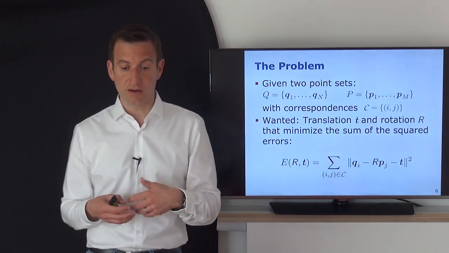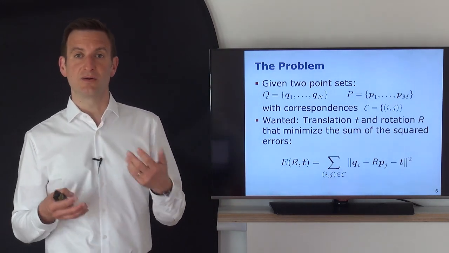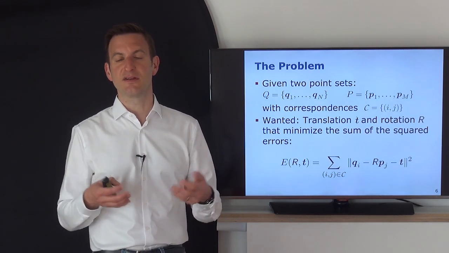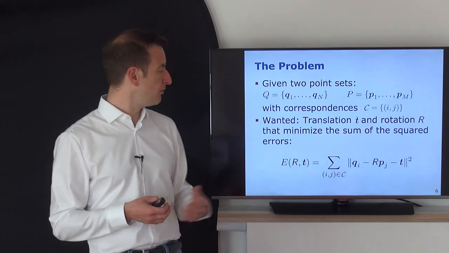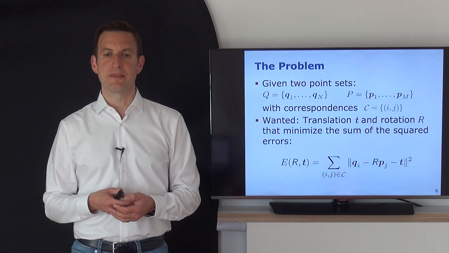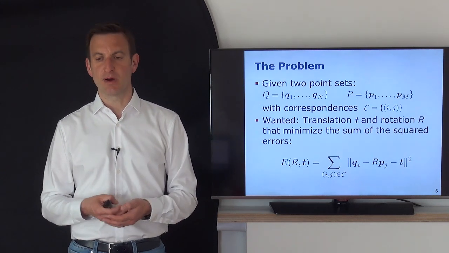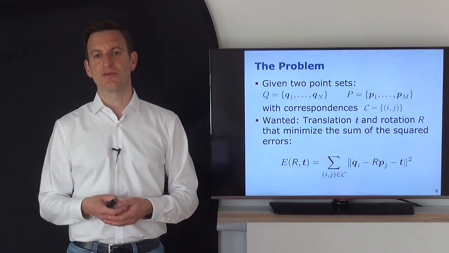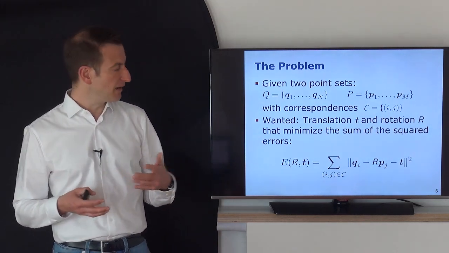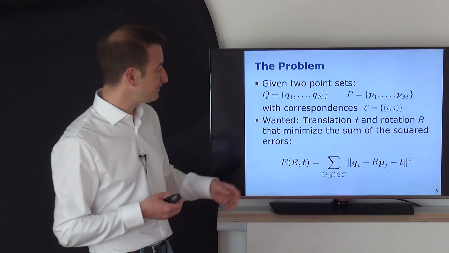So we are talking here, for example, about a 3D rotation, 3 rotational angles, and a 3D translation, so 3 translational components. This would be a 6 degree of freedom transformation for the 3D alignment problem. If we're in 2D, it would only be 3 degrees of freedom, x, y, and 1 rotational component. But let's stick now with the 3D formulation.